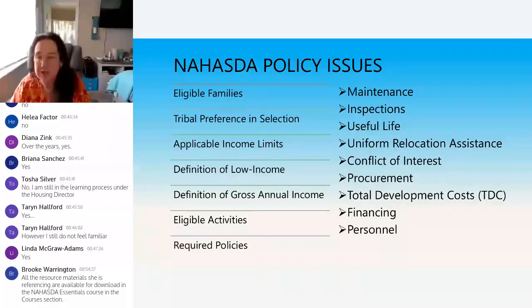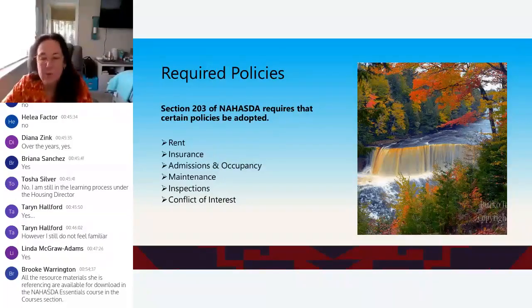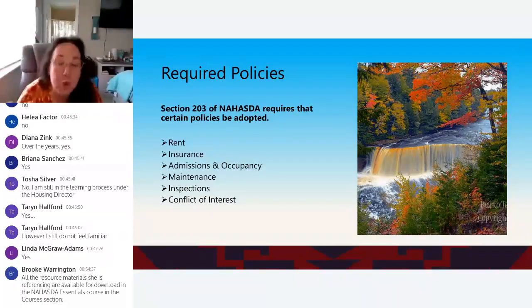You should have inspection policies, useful life, uniform relocation assistance, conflict of interest. You're going to find those in admissions and the administration of contracts, procurement, your total development cost. Make sure you pay attention to that if you're doing any building. Those are also, I believe, in your reference materials. Financing, your personnel policies. So we have numerous required policies.